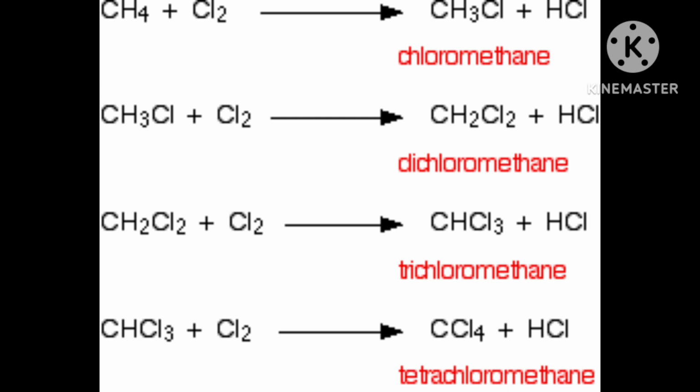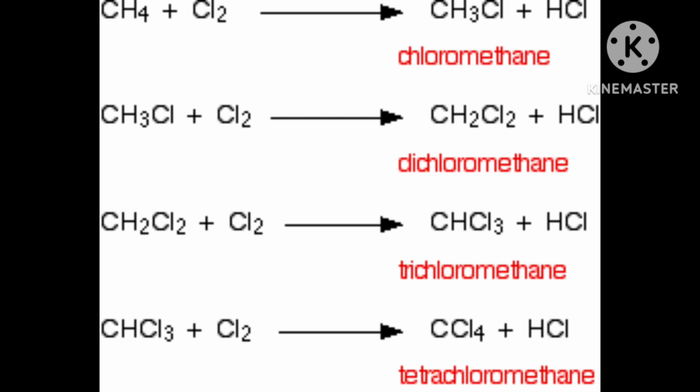It is found that the rate of reaction of alkanes with halogens, fluorine, chlorine, bromine, iodine, all of which are called halogens, differs. Which will react fast out of fluorine, chlorine, bromine, iodine? It is found that with fluorine it will react very fast, after that chlorine, after that bromine, and last is iodine.